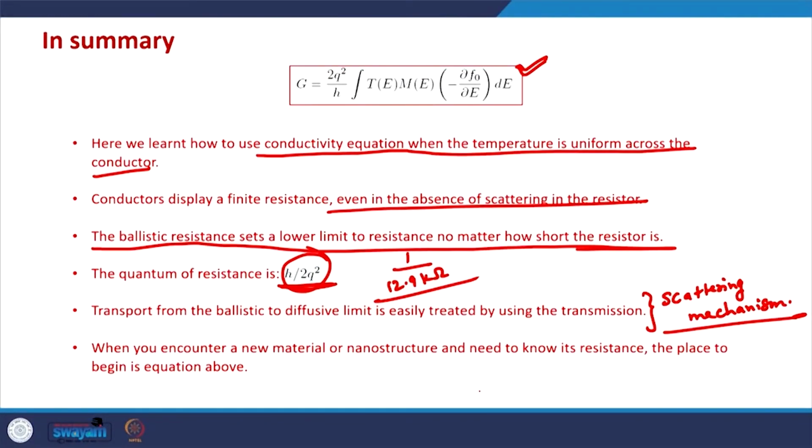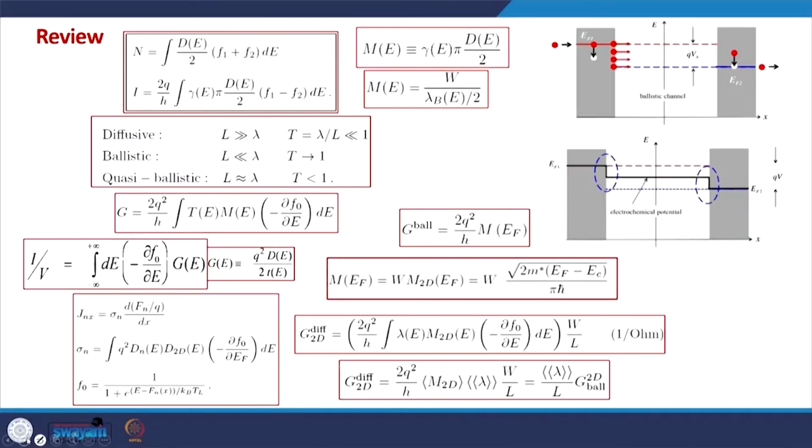So, if we encounter a new material or a new nanostructure, and we need to know its resistance or its IV characteristics, we need to begin with this set of equations that we discussed in our general model of transport. And this slide essentially reviews all those equations that we discussed in detail.